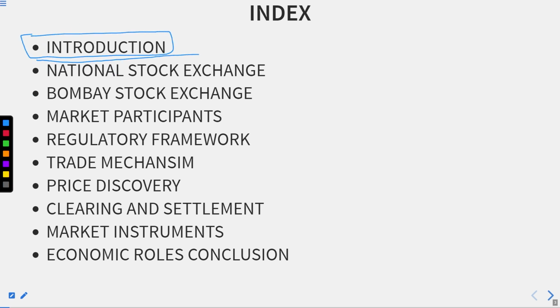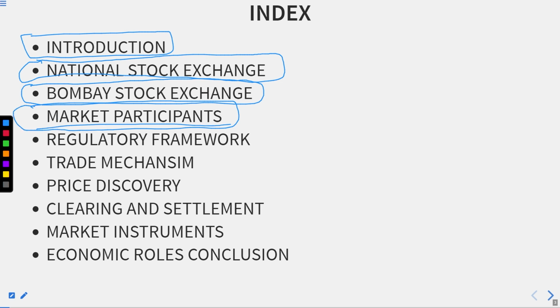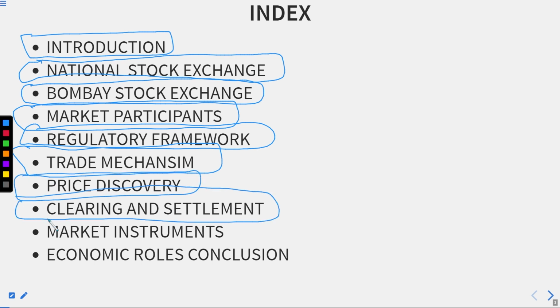Thereafter we will see the National Stock Exchange, the Bombay Stock Exchange, the market participants, regulatory framework, trade mechanism, price discovery, clearing and settlement, market instruments, economic roles, and conclusion. So these are the topics we are going to see in this series of the Indian stock market.